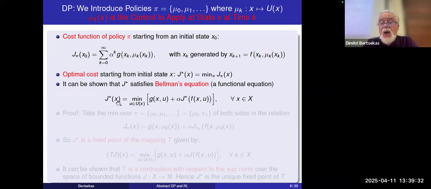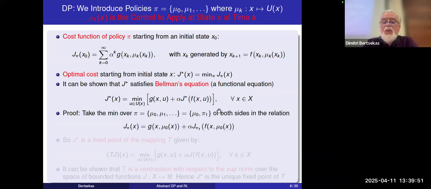So this is a pointwise equation. It holds for every x. And if you look at the structure, it involves minimization of the cost at the current state plus the optimal cost to go from the next state, appropriately discounted with alpha. If you look at it more closely, it's a very intuitive equation. And the proof of it is also very simple.